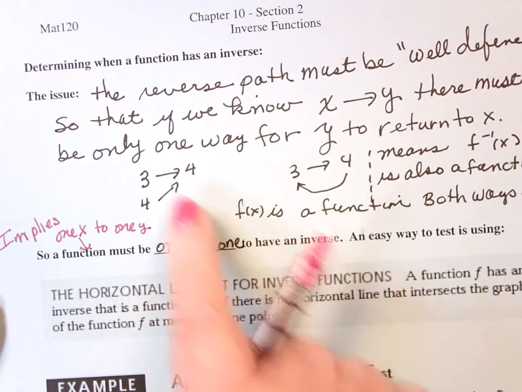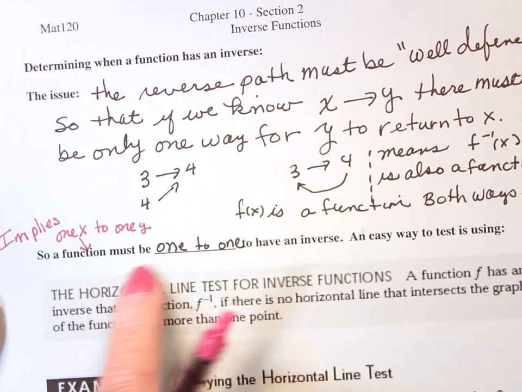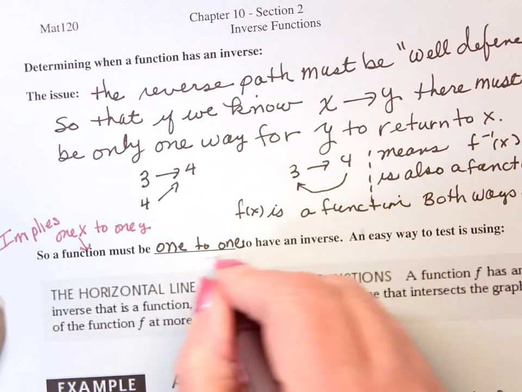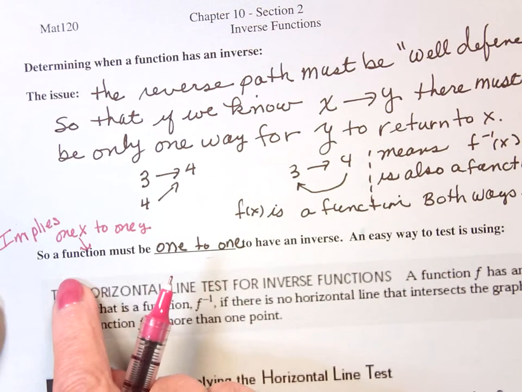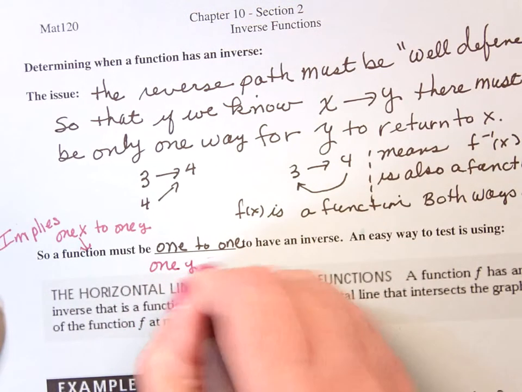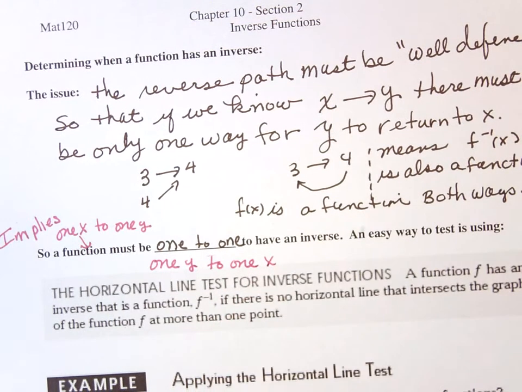That's going across. If I'm talking about a 1-to-1 function, putting 1-to-1 together with function means this: 1y to 1x. It is narrowing down the group of functions.